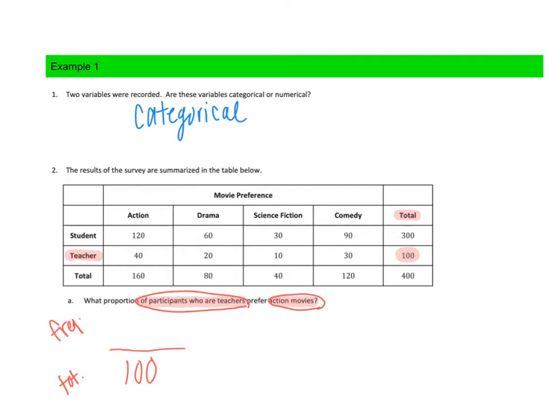From there, I go to the teacher row, and I go to the action movies. There were 40 of them. So the proportion of teachers surveyed who liked action movies is 40 out of the 100 teachers who were surveyed here. Okay, we're going to continue to interpret this on the next page. This is just review right now.